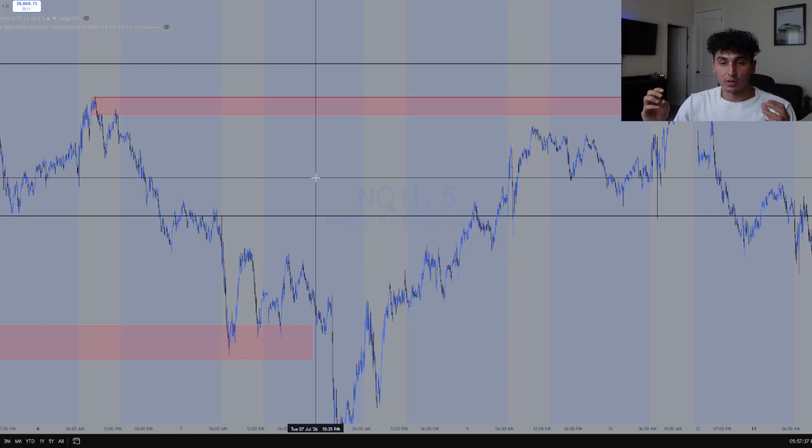Now, something that we see pretty much every single day on the charts is chop, right? Consolidation. What that would be considered on the scale is when supply and demand are pretty much even. Supply isn't heavier than demand, demand isn't heavier than supply, they're pretty much even.